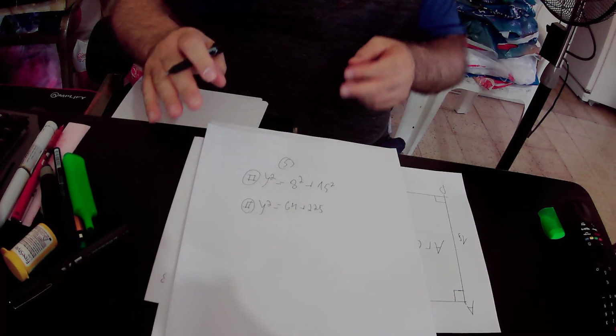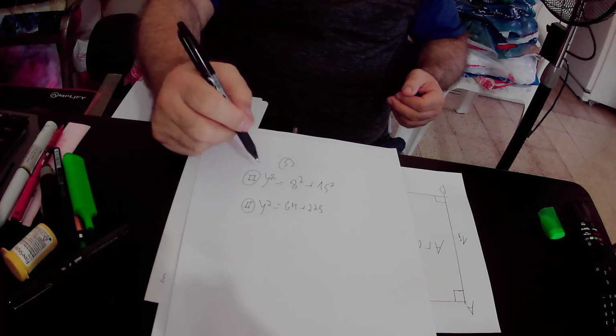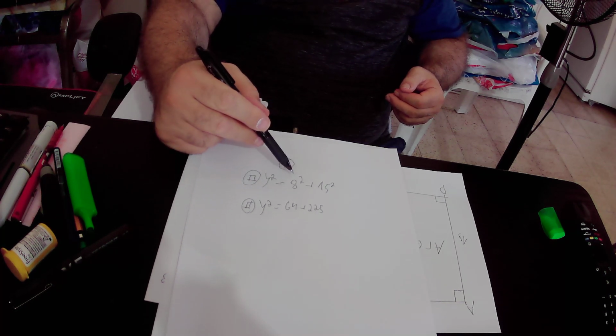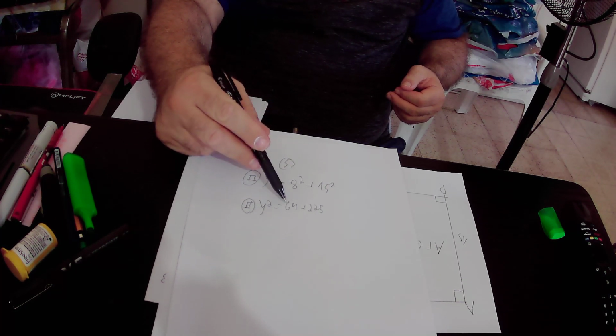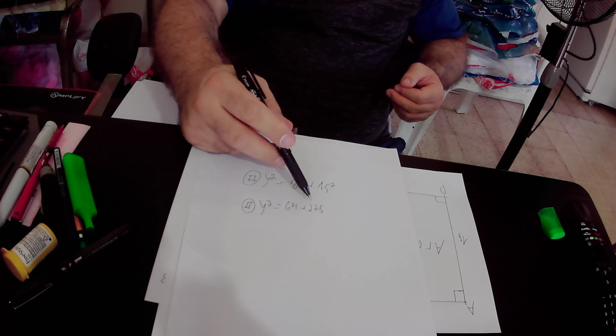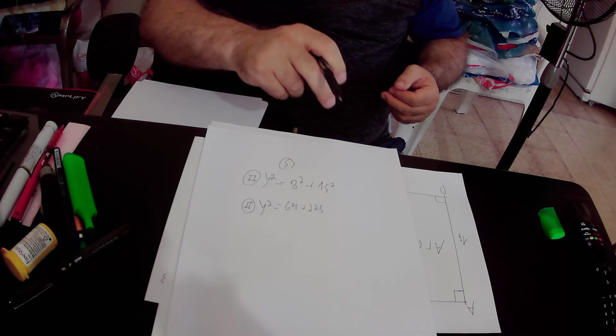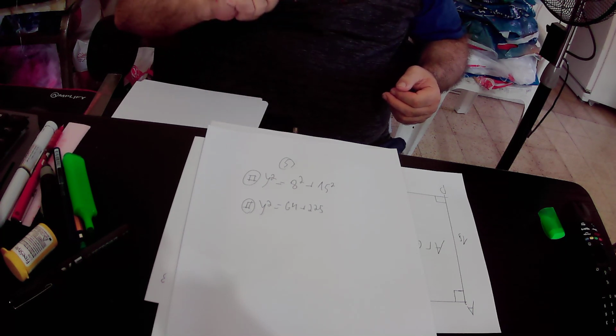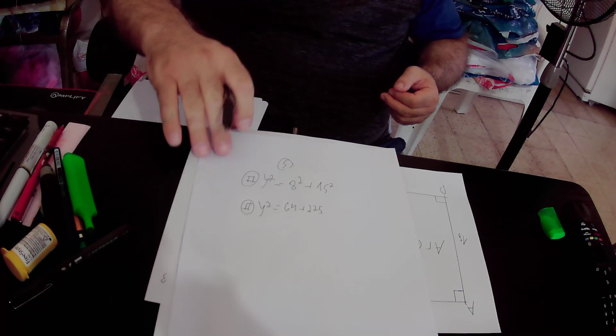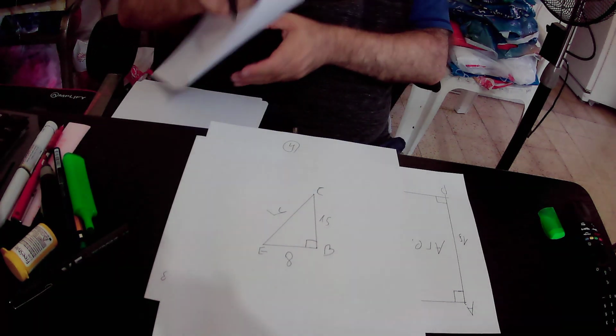So y squared equals 64 plus 225, which is 289. I will write it down.